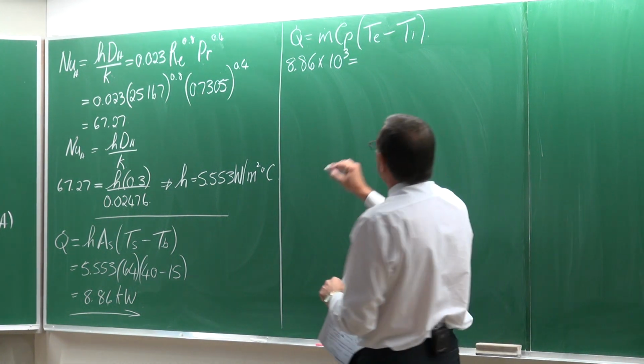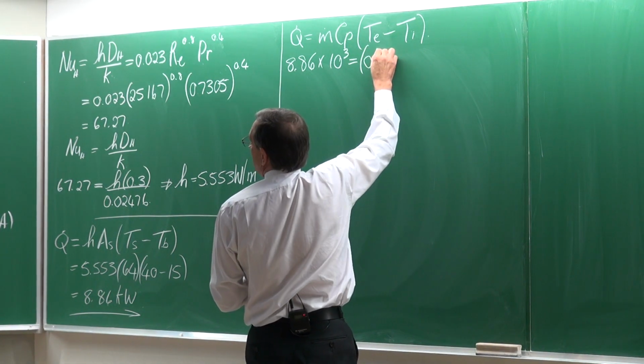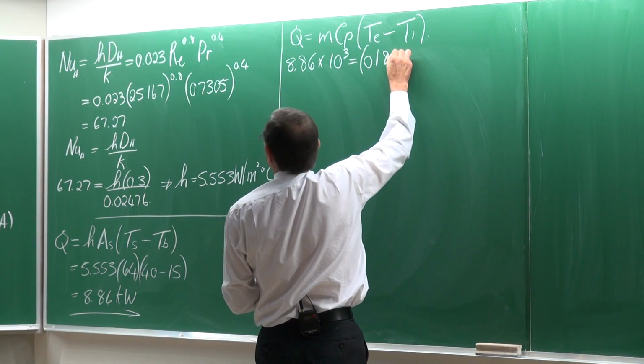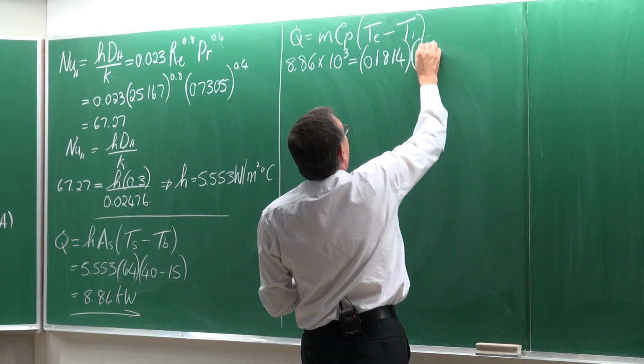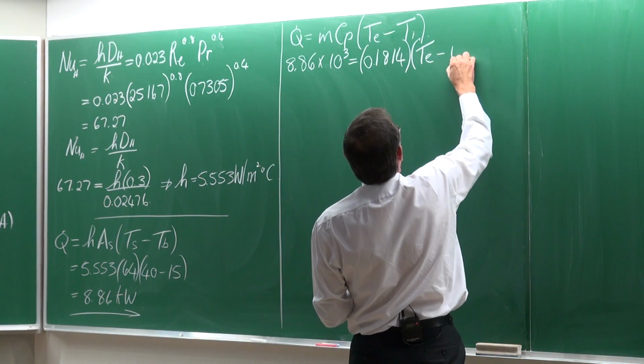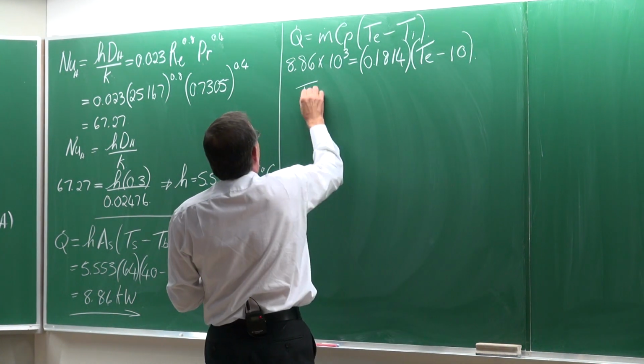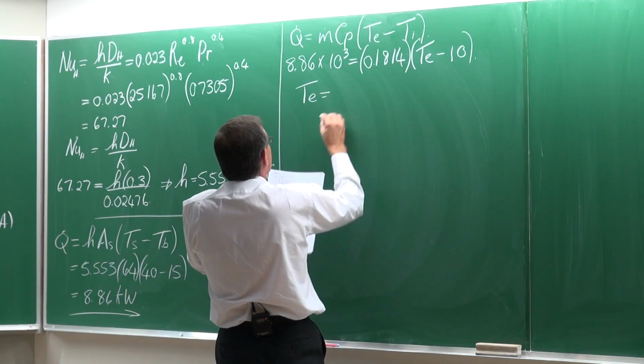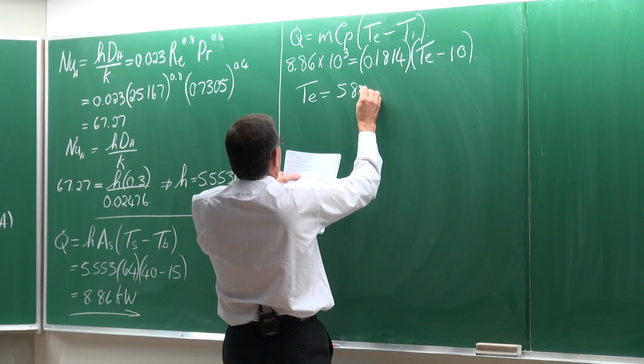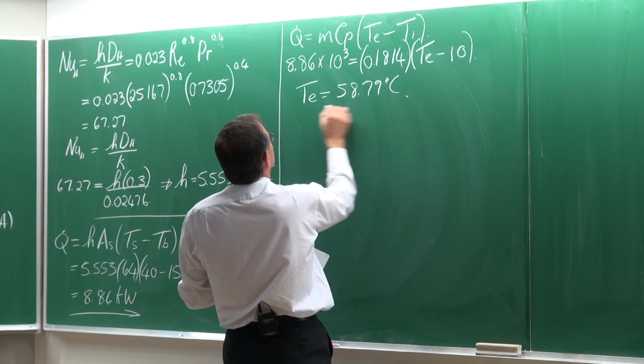It's equal to the mass flow rate, which is 0.1814, times the outlet temperature minus the inlet temperature of 10, and now we get the outlet temperature as 58.79 degrees Celsius.